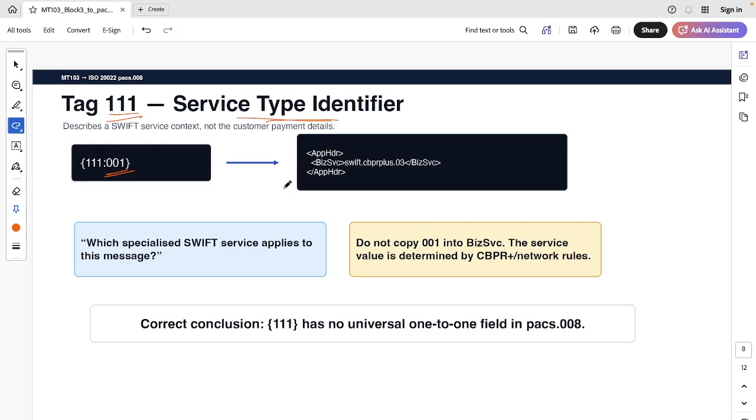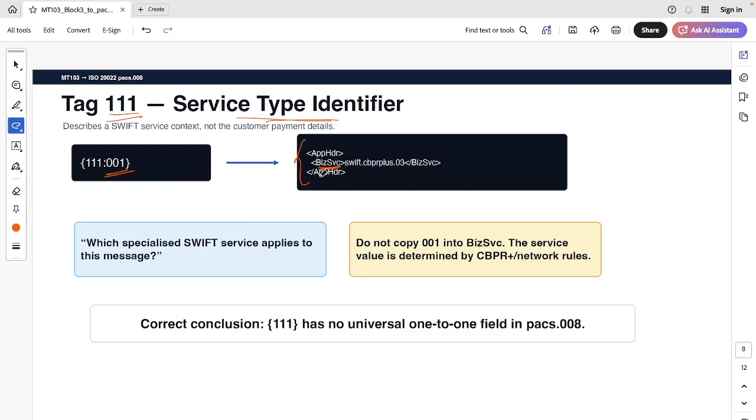So while we are trying to map this particular field 111, in the application header we have this business service. This could be a possible related ISO 20022 concept that can be connected to field 111.